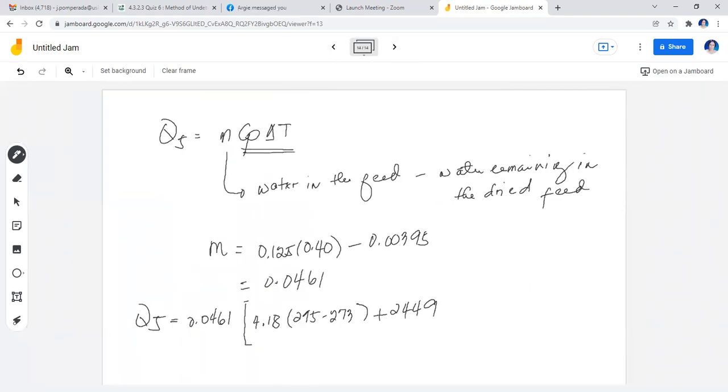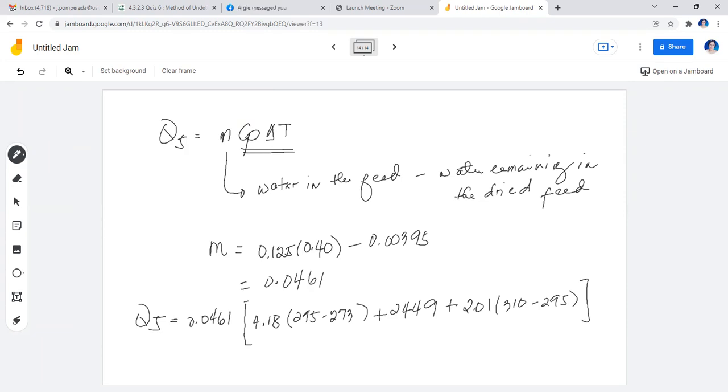Plus, in this case, you will have water vapor, the CP of that is 2.01, and you will have 310 minus 295, because this latent heat is at 295, so you need to increase its temperature to 310.